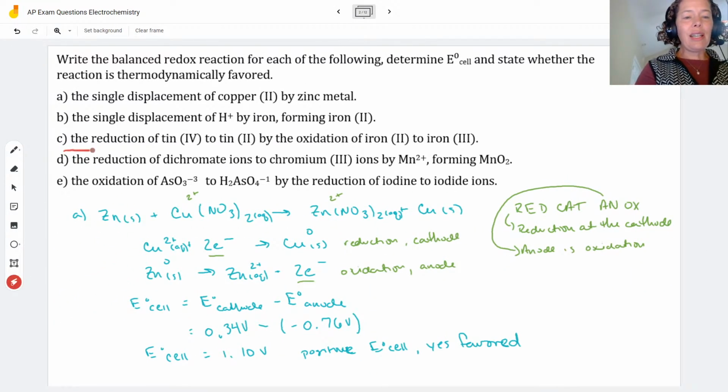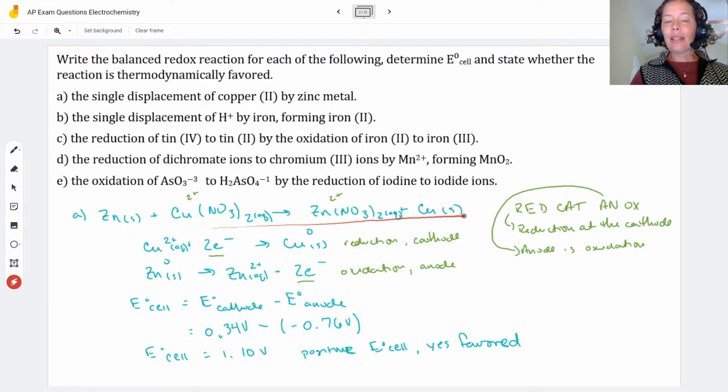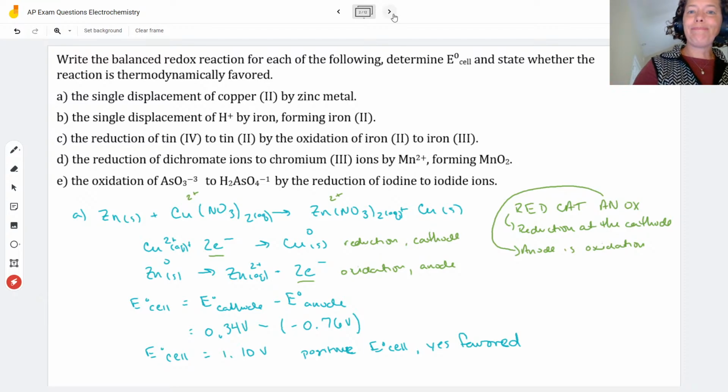So I'm on to C, the reduction of Ti4+ to Ti2+ by the oxidation of iron 2+ to iron 3+. Okay, so we're going Ti4+ on the reactant side, Ti2+ on the product side. Iron 2+ on the reactant side, and then iron 3+ on the product side. So instead of writing a chemical equation out like this, for this one, I'm going to show you the ions.